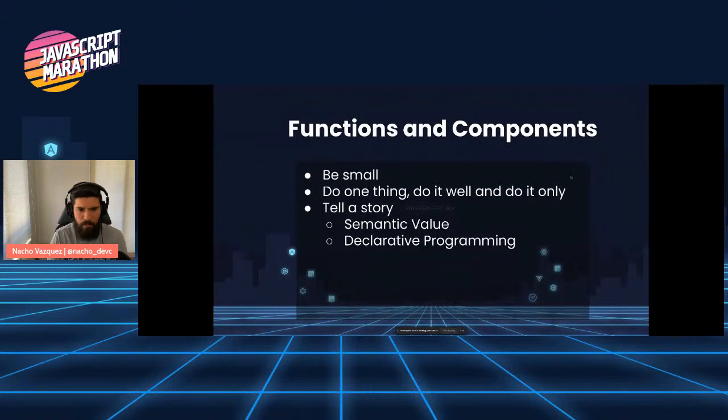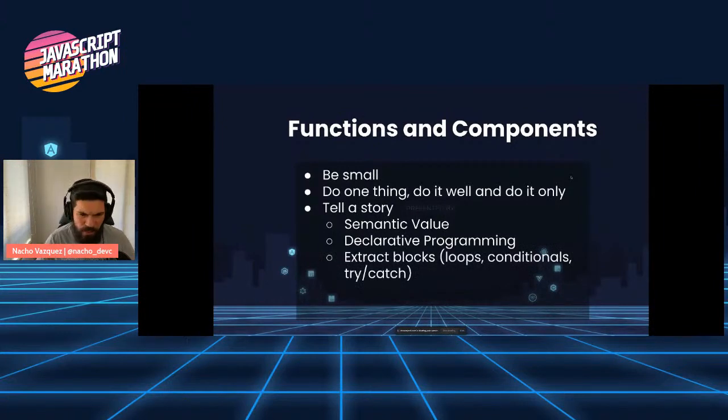Just to make an example, I'm not saying that's the way you should always do it, but you start seeing some patterns, and you start to read more about how the whole functionality at its highest level is composed of little steps doing different stuff. And one way of doing this suggested by the book, this is just a suggestion, it's not something that we should apply always, but it helps in some cases, is to extract blocks, and blocks are loops, conditionals, try catch.